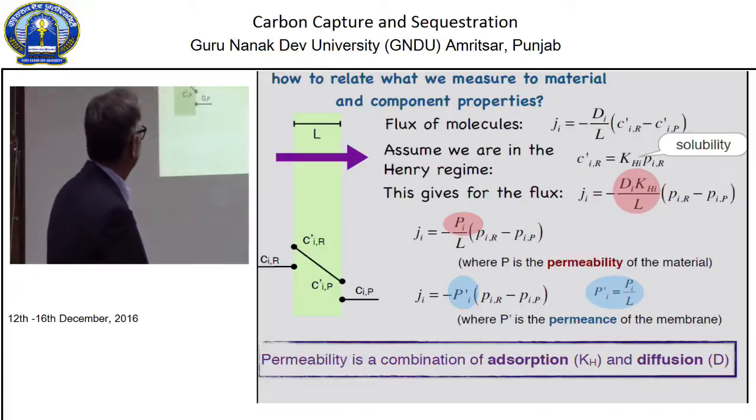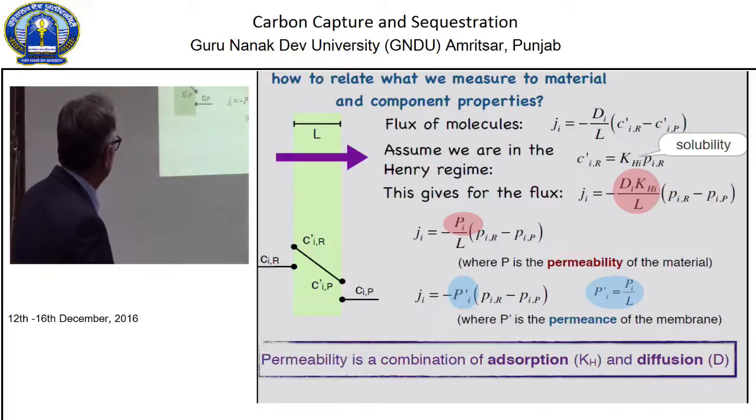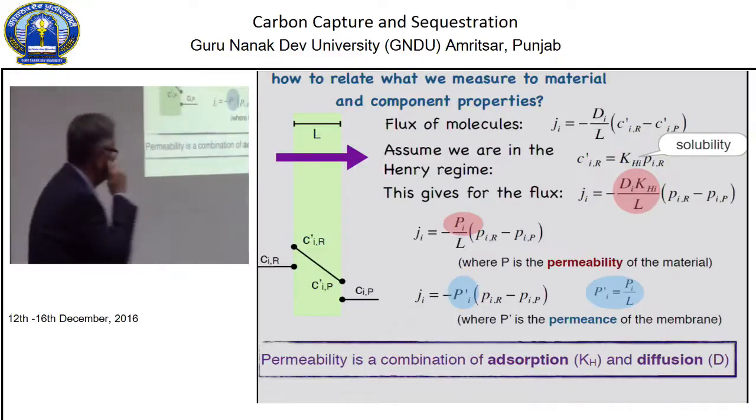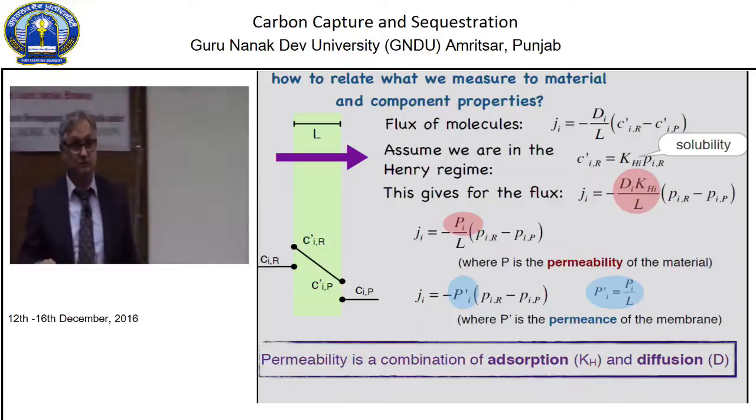Or the permeance if you take away the factor of L and scale it in. So this number is really important. You understand that the flux of molecules through depends on the product of two numbers, the solubility and the diffusion, which can be scaled by the thickness of the membrane or not. So permeability is a combination of both adsorption and diffusion.